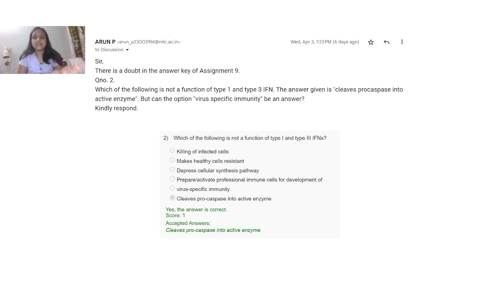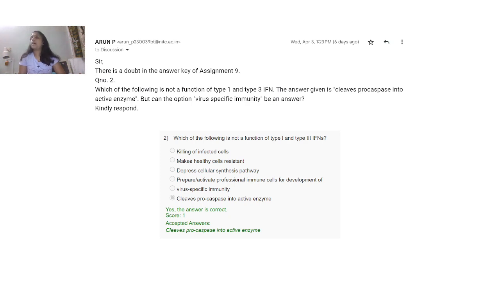So I don't know why he thought virus specific immunity, because it is one of the most important functions of type 1 and type 3 interferon, where it is actually helping, whenever there is a virus infection, and it is helping in clearing of the virus from the system. So the sixth option is the only option which is not a function of type 1 and type 3 interferon.